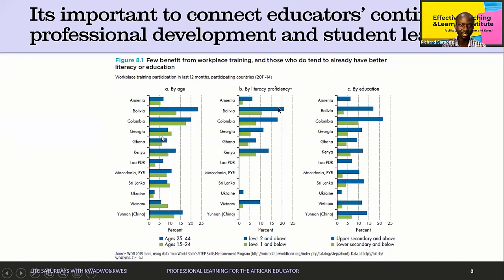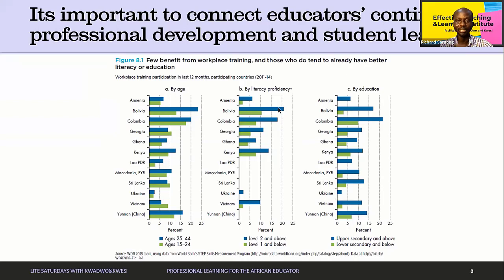So if you look at it in terms of age group in Ghana, those within the age group of 25 to 44, that's about 10% of them. When they were asked whether in the last 12 months they have participated in any workplace training, many of them were not able to say yes to that particular question.